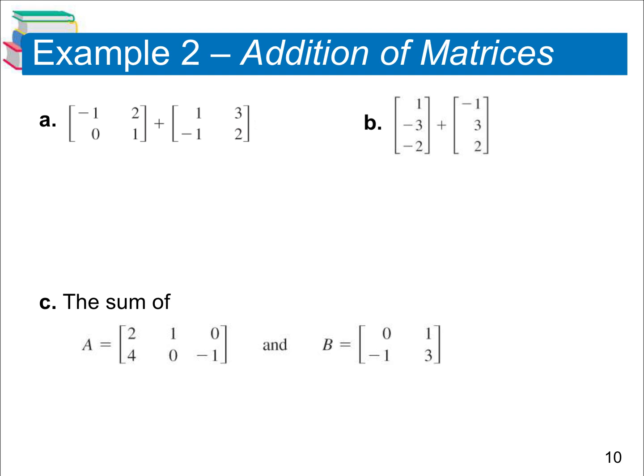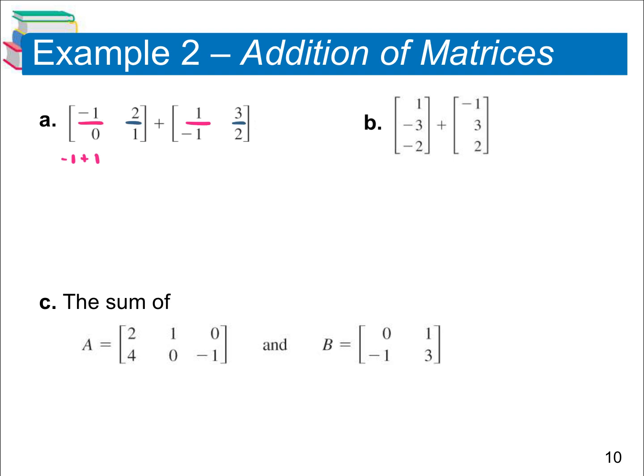When you add or subtract matrices, you are going to combine the numbers that are in the same position for each matrix. So for example A, you're given -1, 2, 0, 1, plus 1, 3, -1, 2. In order to add these, you are going to take that -1 and add it with the +1 in the matrix to the right. So it's the top left plus top left. Then you'll add your 2 and your 3.